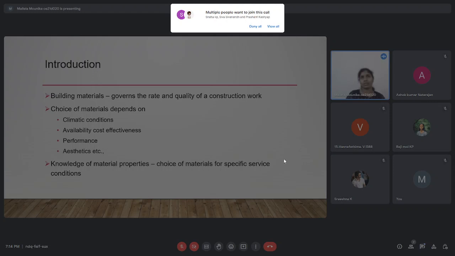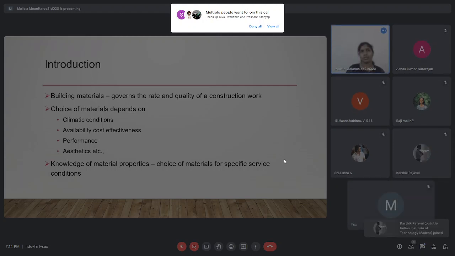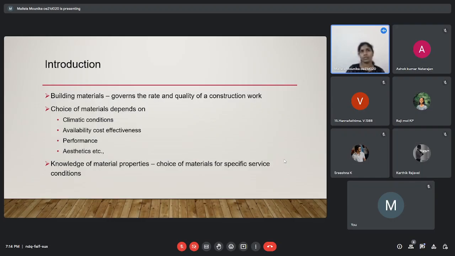If the structure is not serviceable anymore, the function of the structure is not being met. If some cracks or slight deformation occurs, then you can't feel safe in the house you have constructed. So it should be serviceable and durable also. That comes under performance aspects: durability and service life.